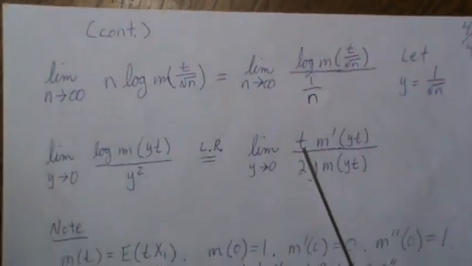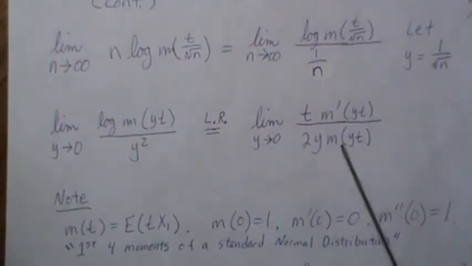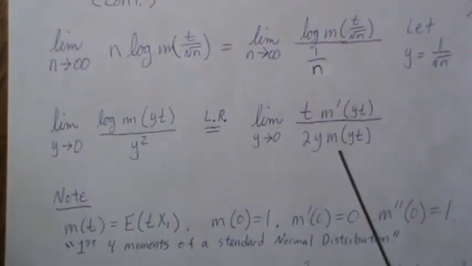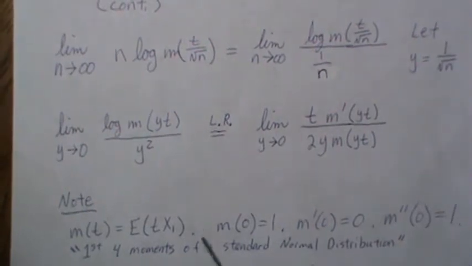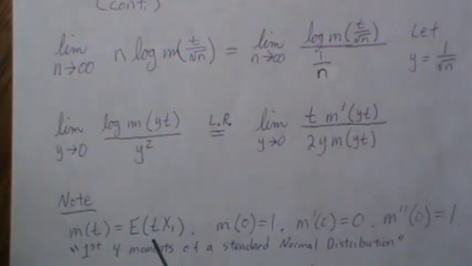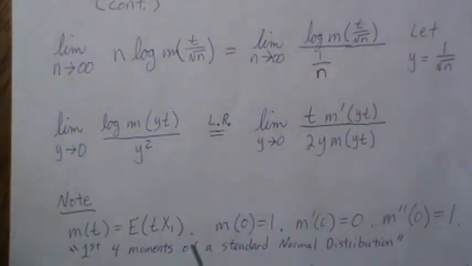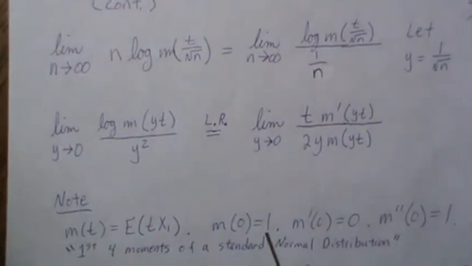So one note before we proceed, let's look at the moments of a standard normal distribution. So here's the moment generating function, and if you evaluate it at 0, you get 1, right?